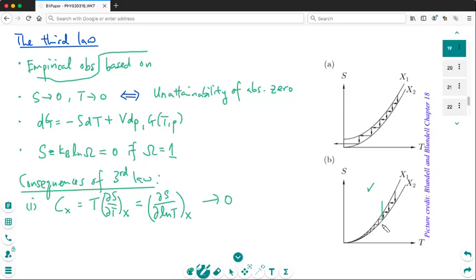If I cut it here, the difference between the entropy at x1 and x2 will be significant. And when I make this vertical cut at lower and lower temperature, I will approach zero difference.